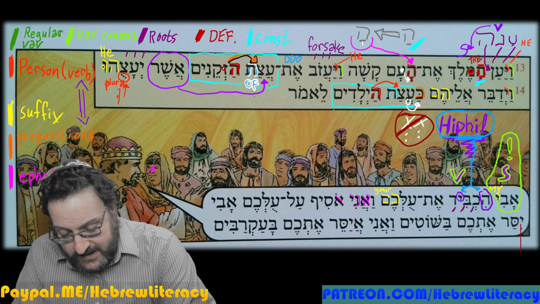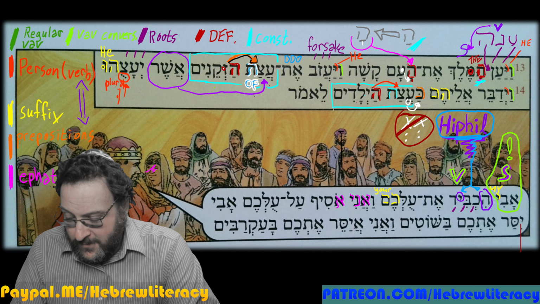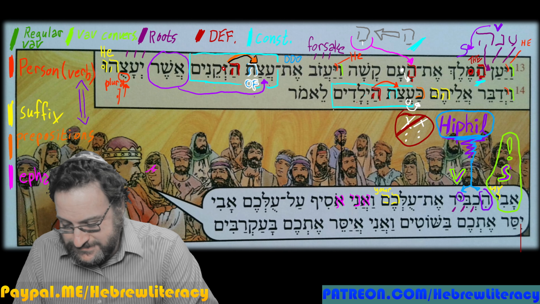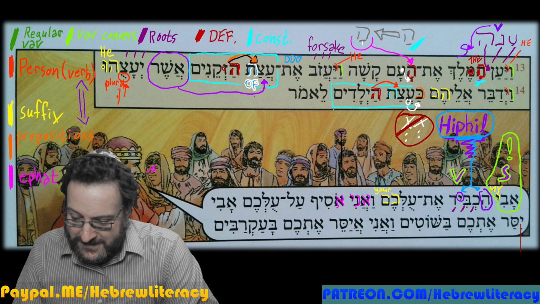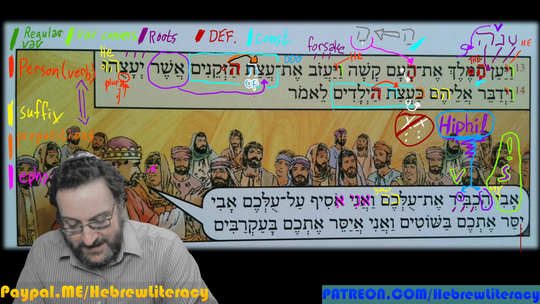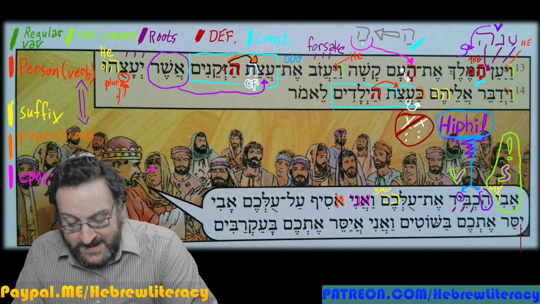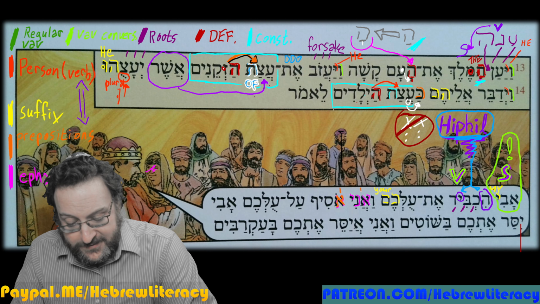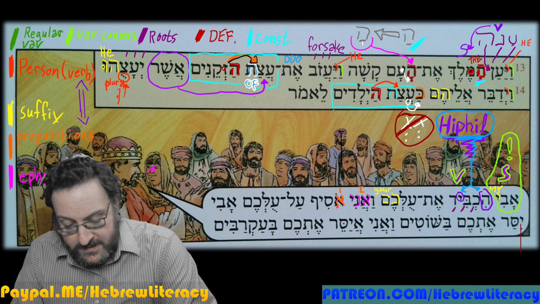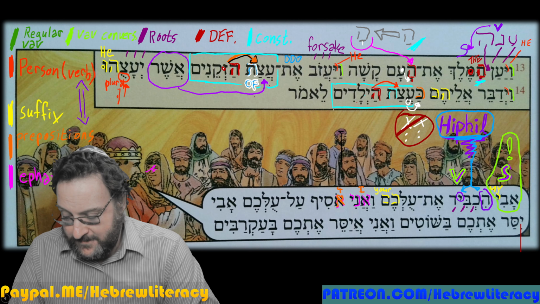Because we also have aleph over here, the aleph on the front of the verb, right? Okay, I'll make it the correct color now. This is the person. That means I. But ani also means I, right? So he's saying I. So that's why I marked it as emphatic.